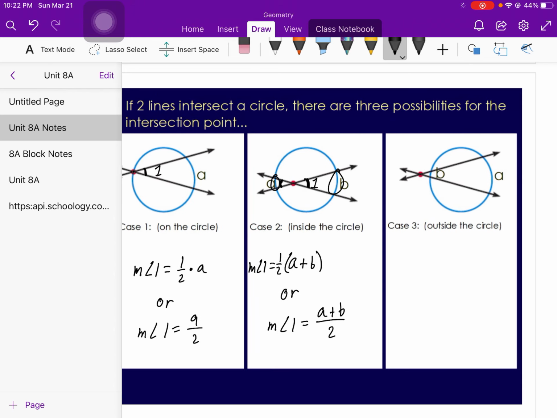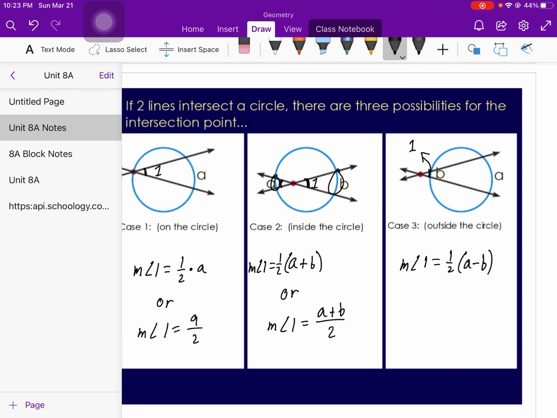Now this one here, the third example, imagine we were trying to find this angle. Again, we're going to call that angle 1. It's similar to the last one, but we're actually going to subtract since it's outside. So we're going to find the difference between those 2. So the measure of angle 1 is 1/2 times (A minus B).